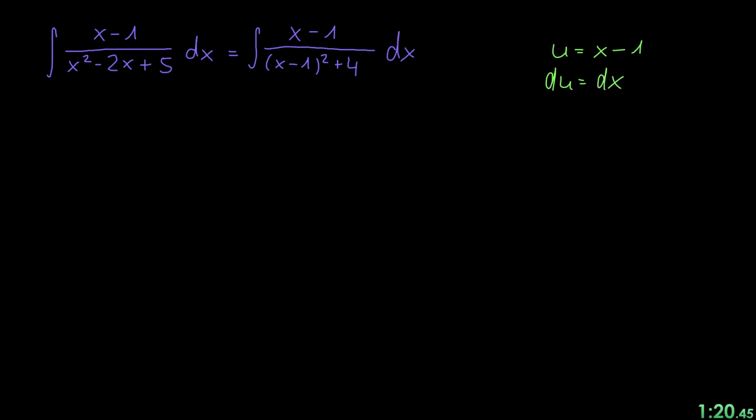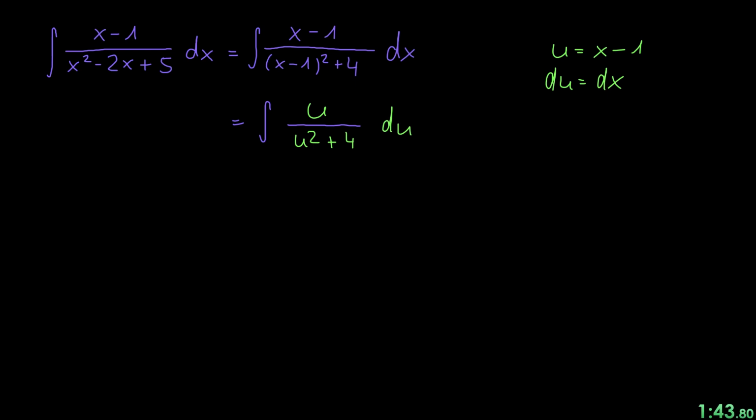Alright. Now we substitute that in, and we get the integral of u divided by u squared plus 4 du.